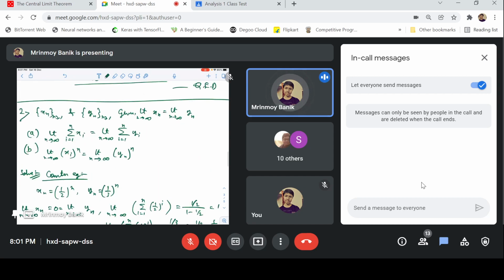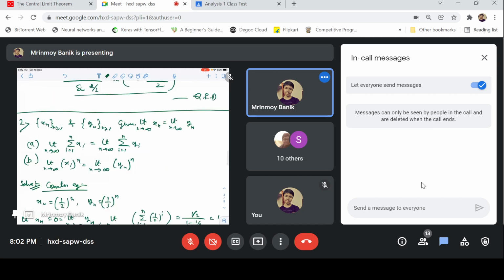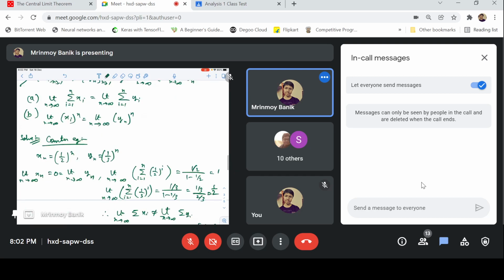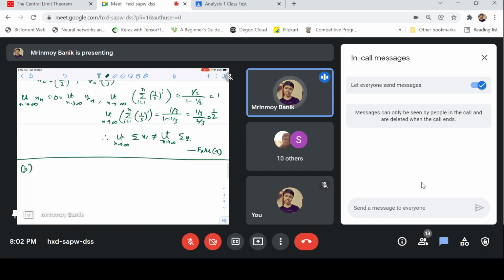Next for B, what's the counter example for B? So now you have to make this power series different. So you can assume the limit of the left hand side, like you can assume this limit to be some C1 and this limit to be some C2.